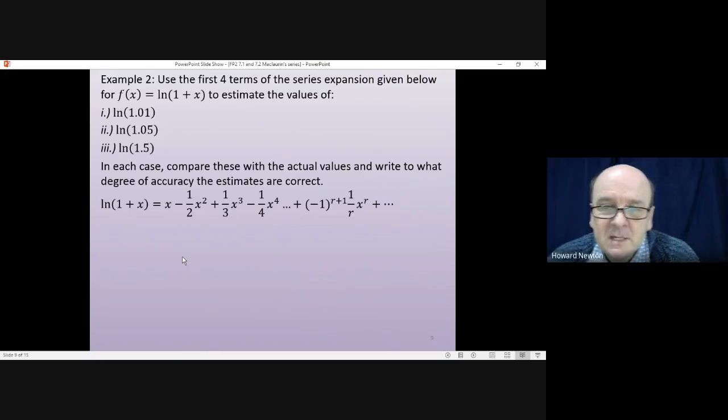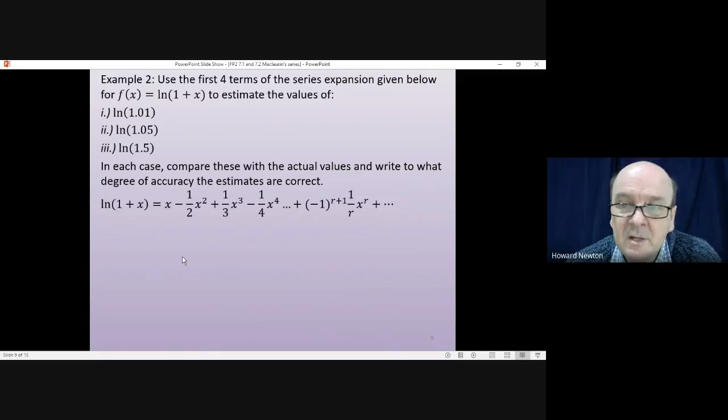In each case, comparing the answers you get with the actual values, work those out with a calculator, and write down to what degree of accuracy these estimates, just using the first 4 terms of the infinite series, are correct.